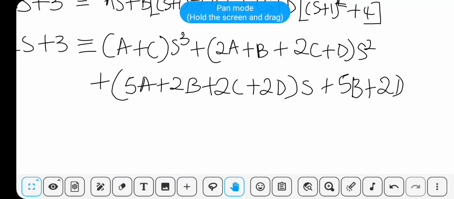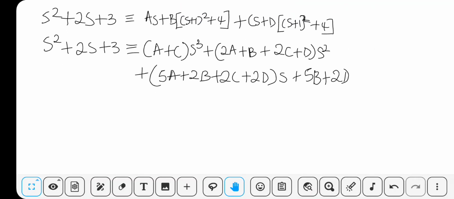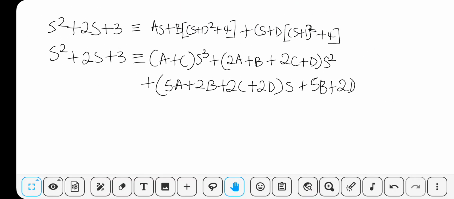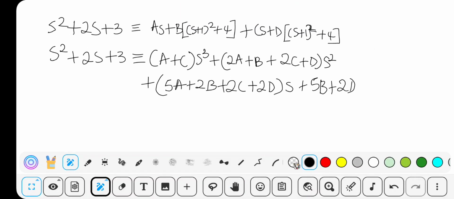So this is what you should get after expanding this.